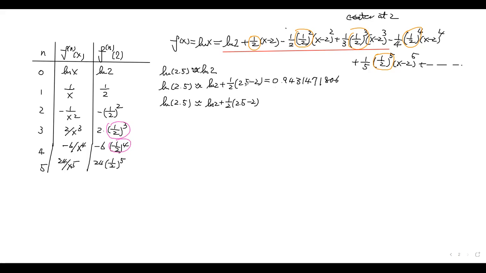Then I have this minus 1/2 to the square, then 2.5 minus 2 to the second, right? In here, I calculate it will be 0.9118971806.